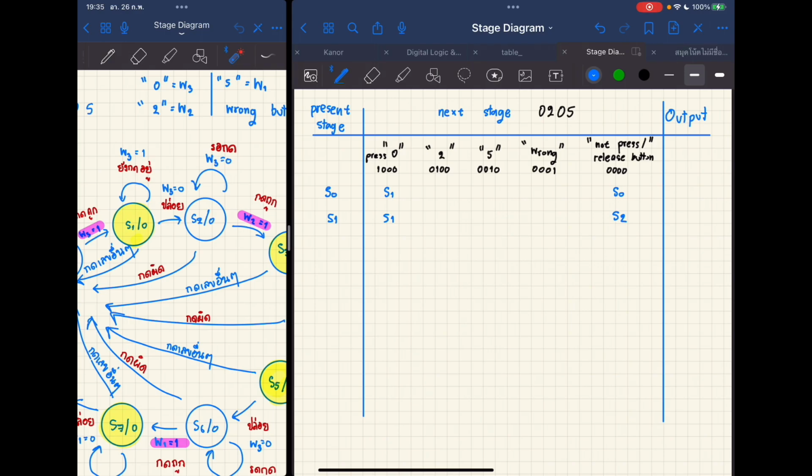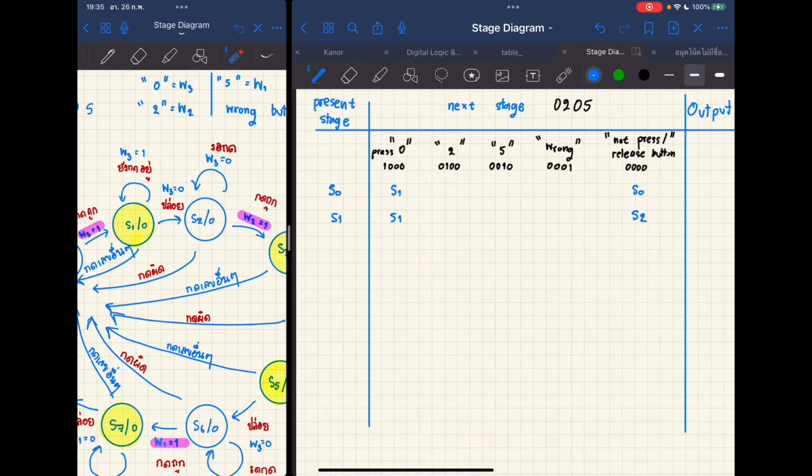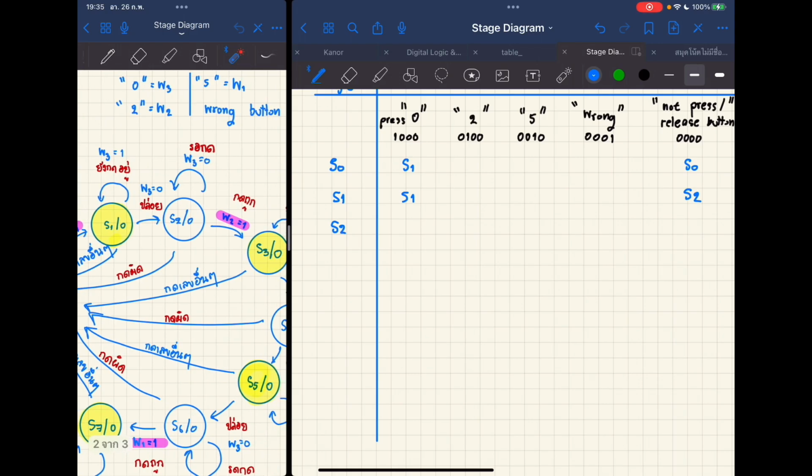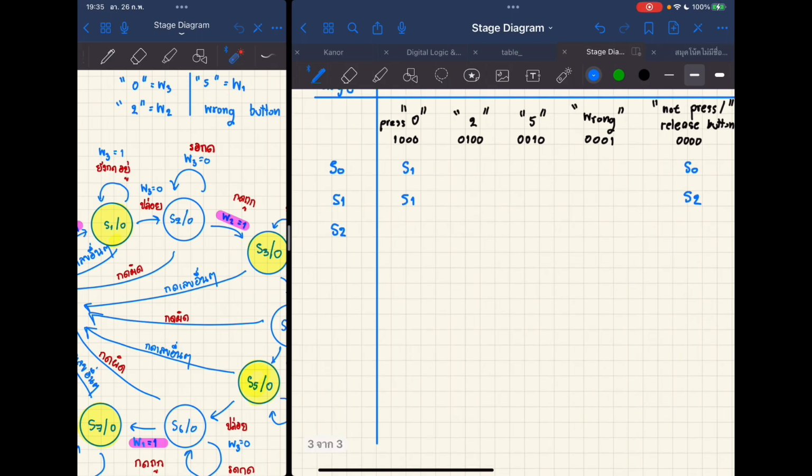And if we press another number, it should go to state 0. If we release this 0 button and don't press anything, it should stay in state 2.